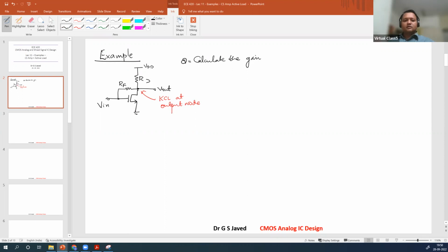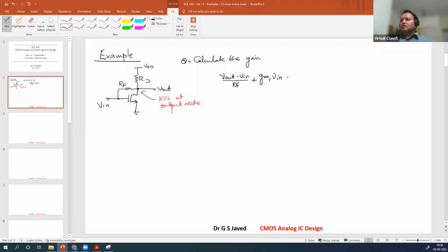Vout minus Vin divided by RF. First one. This branch is over. Next, what is the branch? gmVGS, right? Output node. gm1 times VGS.